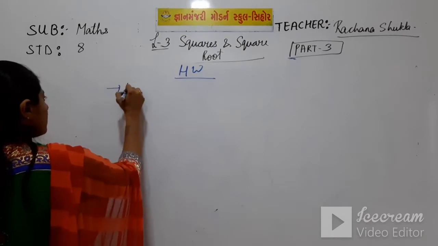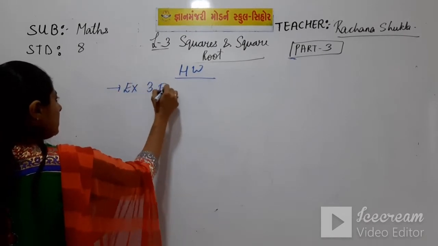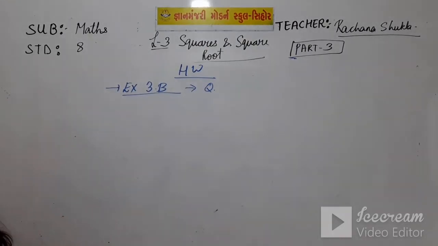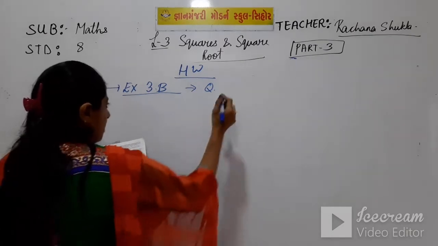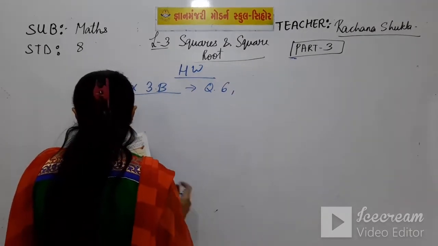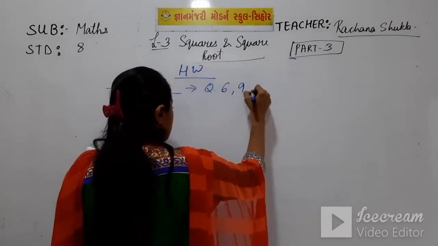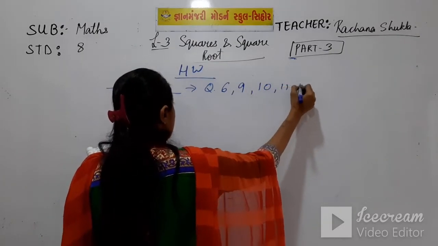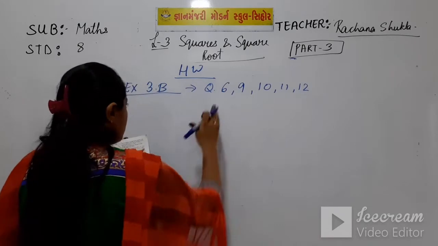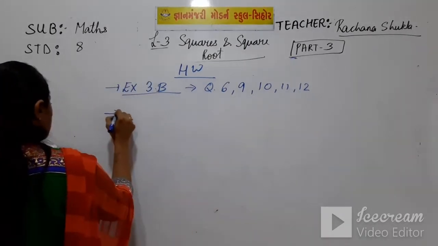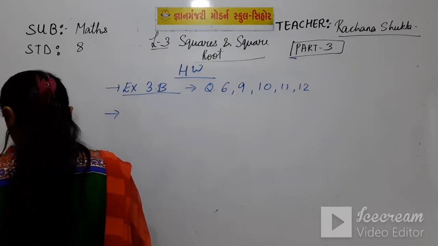First homework is of exercise 3B, question number 6, 9, 10, 11 and 12.